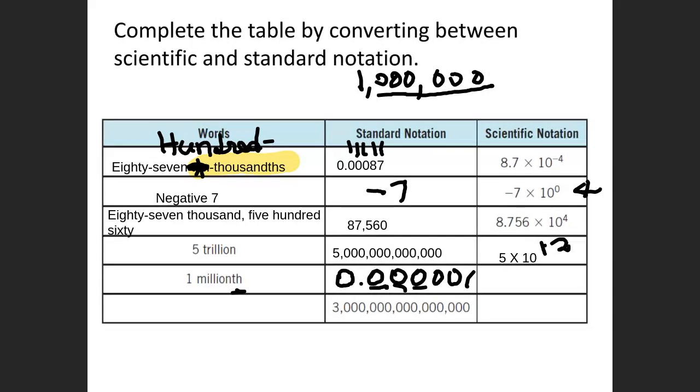I have 6 decimal places. This is one millionth. Okay. And I write it 1 times 10 to the negative 6. TH has a negative exponent.